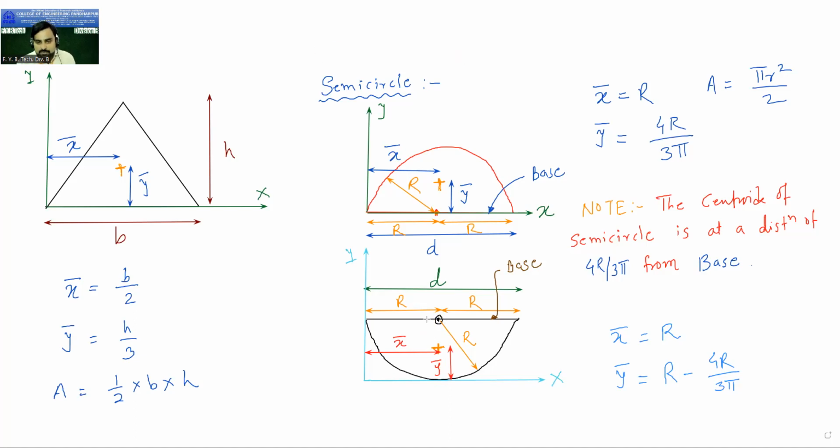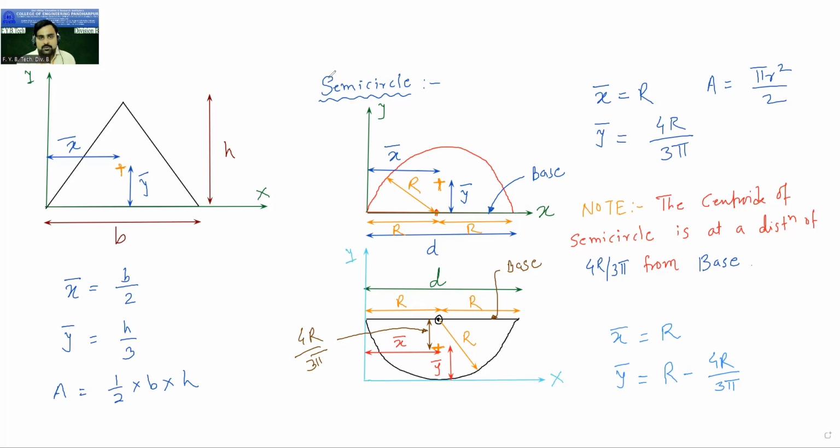See from this point, this much of distance up to the centroid is 4r upon 3 pi. From the base, the centroid is 4r upon 3 pi. I want y bar. Y bar is this distance.